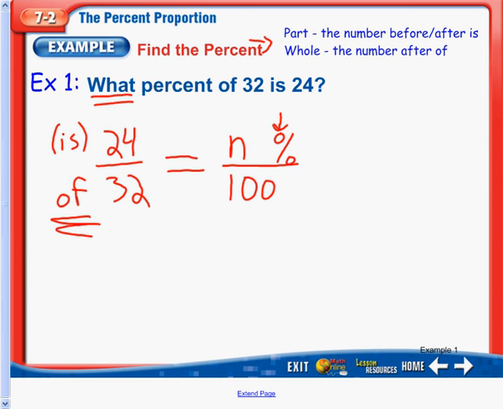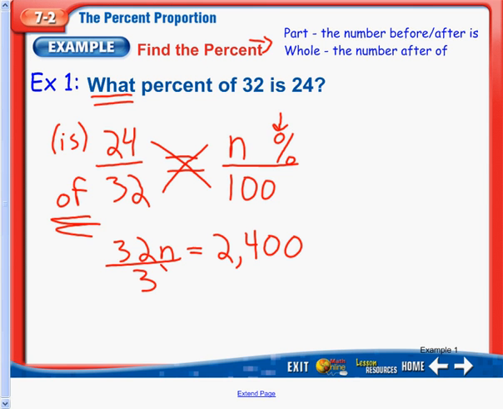Now that our setup is done, we'll cross multiply and divide. Cross multiply first, divide after. So 32 times n will give us 32n. We like to have the variable on the left. Then 100 times 24 will give us 2,400. Our last step is now we need to divide.